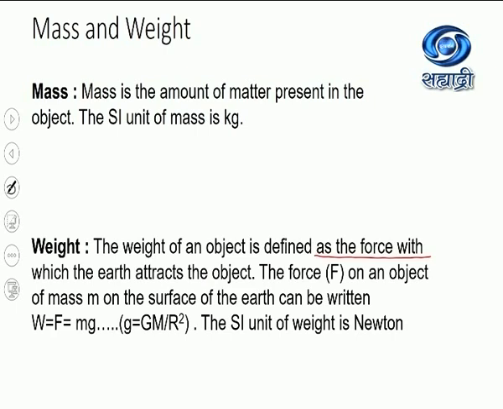The force F on an object of mass m on the surface of Earth can be written as W is equal to mg. So the value of g, as you know, is GM upon R square, and the unit of weight is Newton. So therefore mass and weight are different quantities.